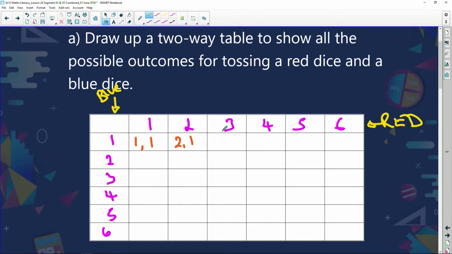If the red dice is a 3, the blue dice is a 1, I've got the combination 3, 1. Okay, where 3 is the red and the blue is 1. And likewise, I'm not going to fill in the whole table because otherwise we'll be here forever. But if we look at it, if blue was a 4 and red was a 5, that is a possible outcome.